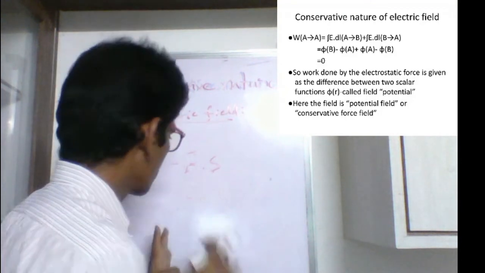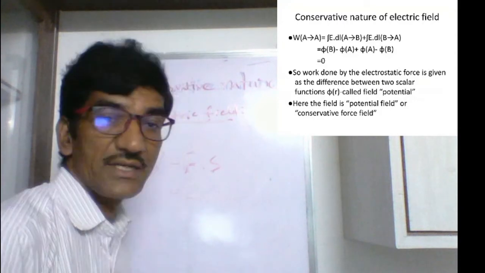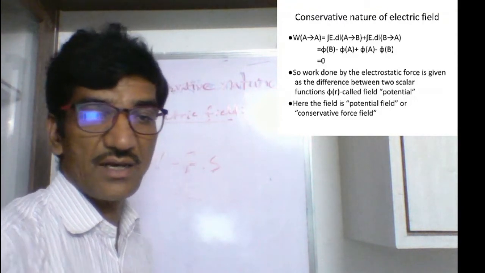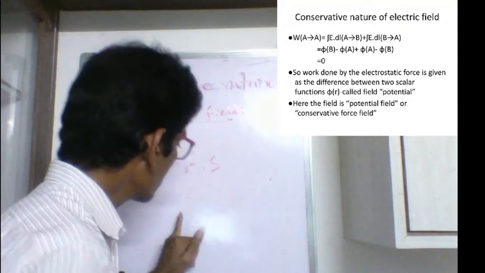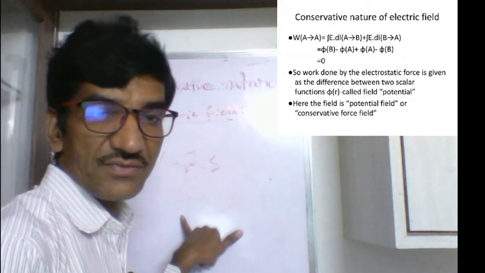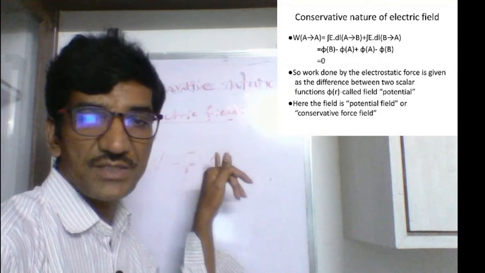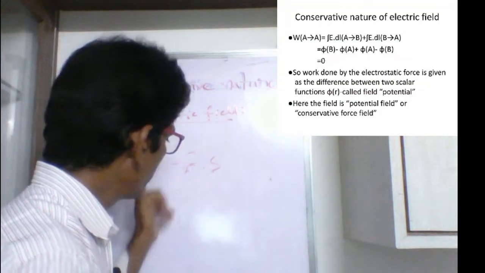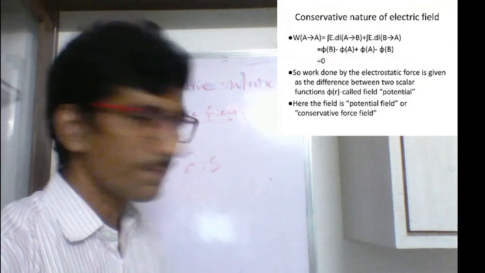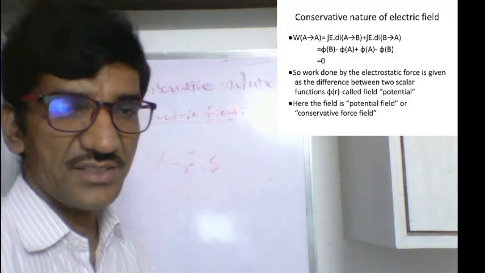Instead of F dot S, here you have E dot dl. This integral refers to from point A to point B, integral A to B E dot dl. Okay, this gives you the electric work.